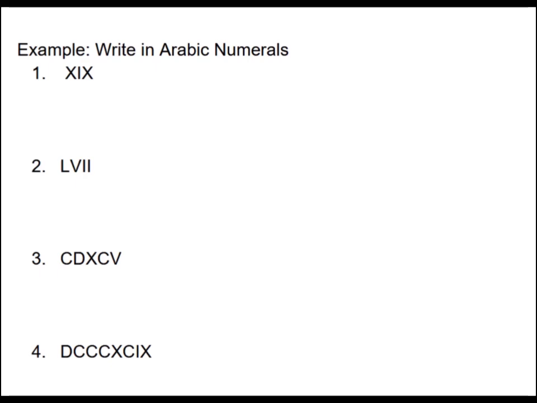So now the letters that are together should be underlined. You can see IX is always together, so I underline that. So what am I having here? I'm having X. X is what? 10.